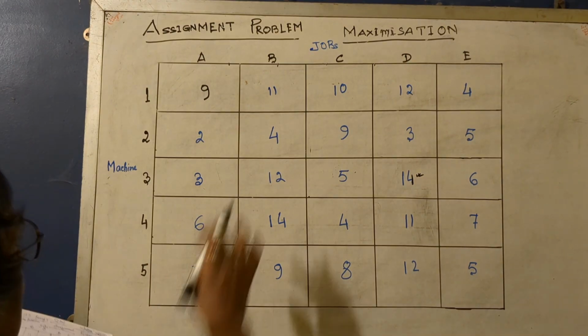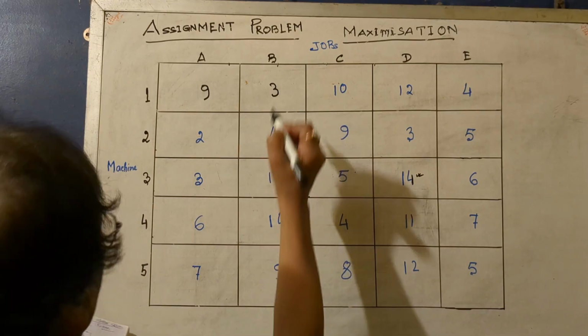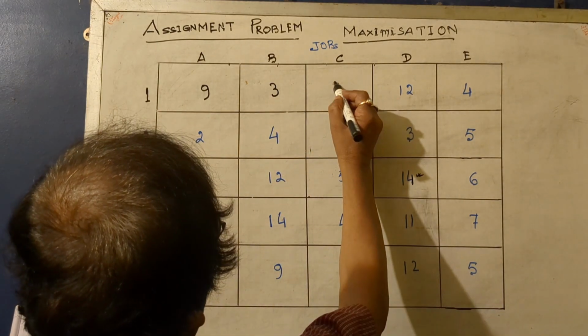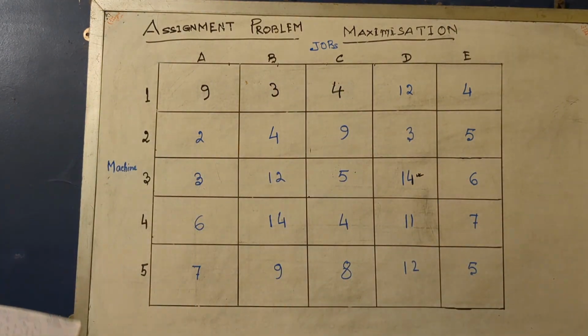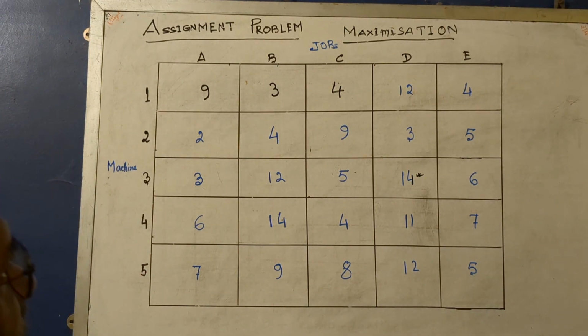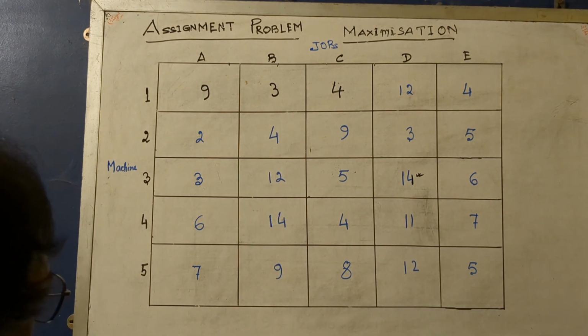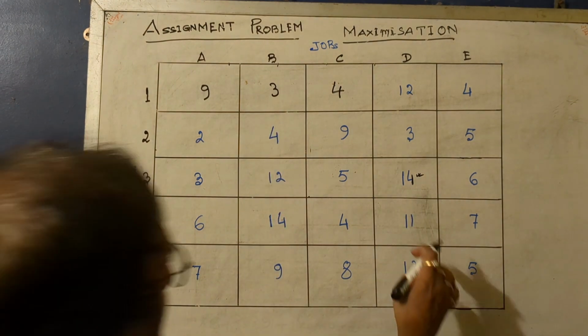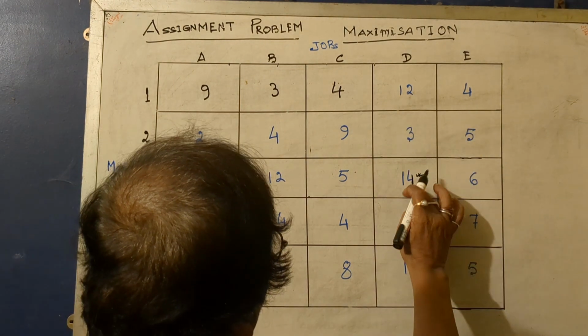Next, this will be 3, then this will be 4. I am writing on the same matrix as there is a limitation of space. We will utilize the same space repeatedly just to save space. But in your case, you do it on a separate page or separate table. This is say table 1. Next, 12 you have to subtract from 14.